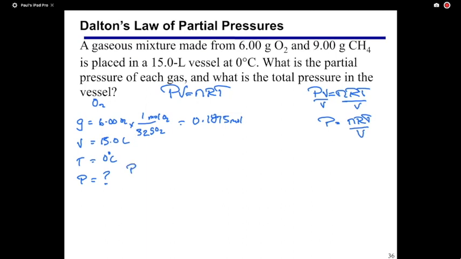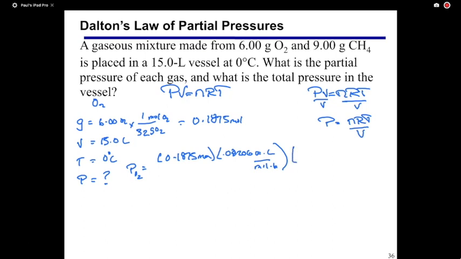So, the pressure of the oxygen is equal to the number of moles, 0.875 moles, times R, which is 0.08206. I have atmosphere liter divided by a mole and a Kelvin, times T, which is, 0.